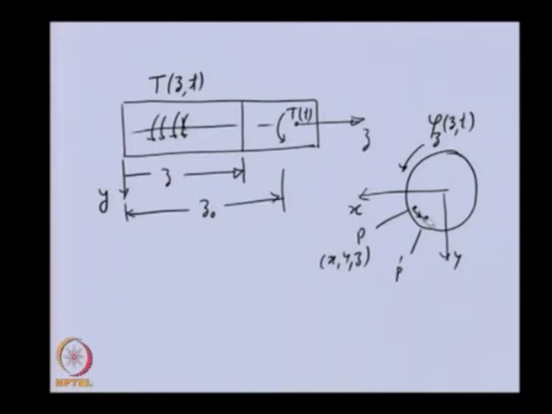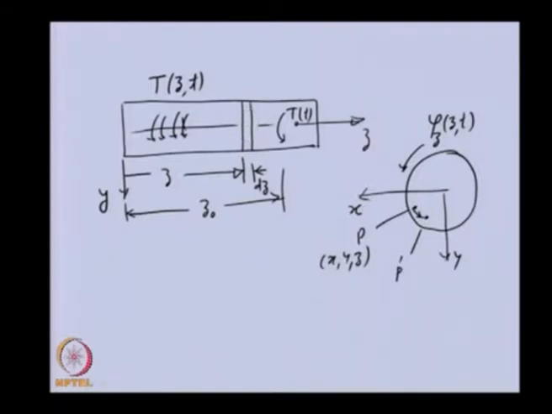Now if we want to analyze the torque balance for a particular shaft segment, let us say we are taking a very small shaft segment having thickness dz, and we want to draw the free body diagram of that to obtain the equation of motion.